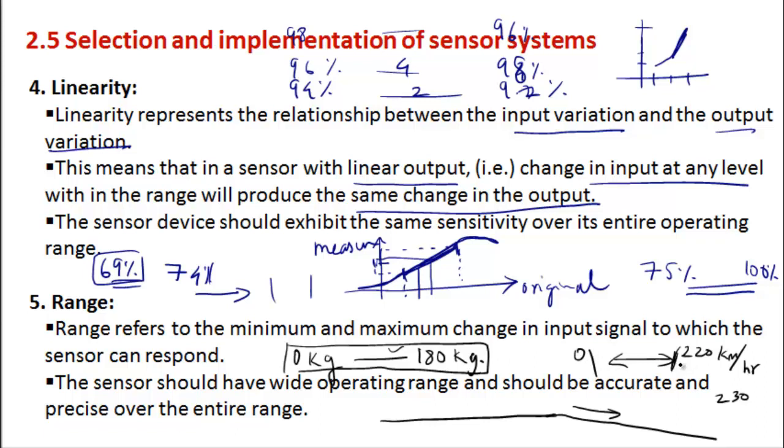Beyond that, what will happen? Will the needle go? No, the needle will stay at 220 only. It will not go beyond that. Why? Because the maximum range of the sensor is 220. It cannot measure beyond 220. That does not mean that the vehicle cannot go beyond 220. It can go at any speed.